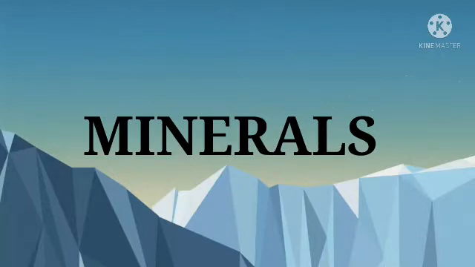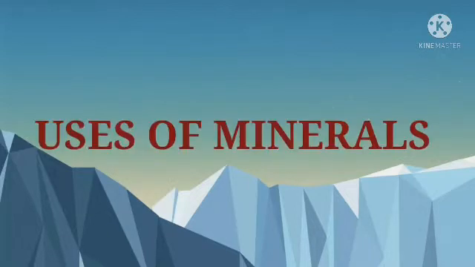There are two types of minerals, metallic minerals and non-metallic minerals. Minerals are used as building material, gemstones and fertilizers. It gives us useful metals and also it serves as a part of our diet.